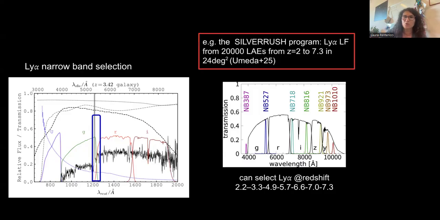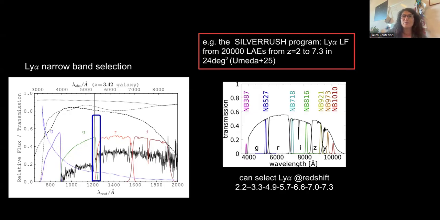Okay. So in this respect, the Silverrush program, a big program that was done with the Subaru telescope in the last few years, used this technique to actually identify 20,000 Lyman alpha emitters from redshift 2 to 7.3 in a very, very large area.